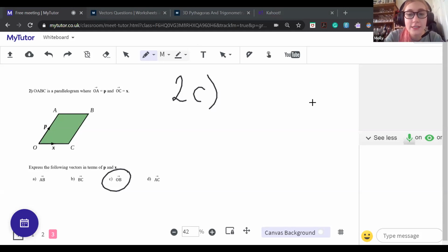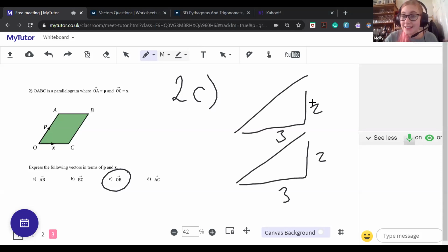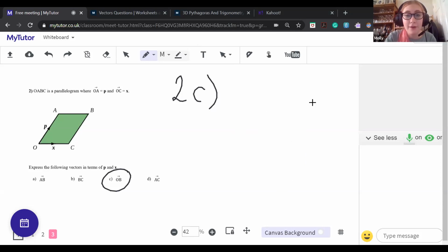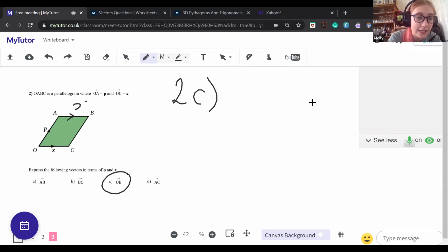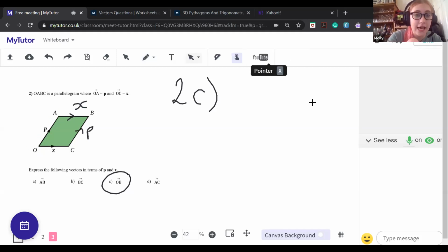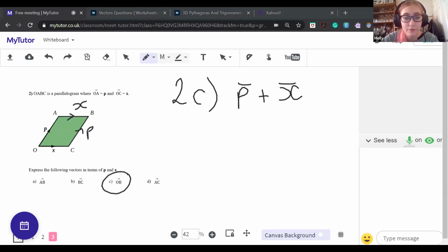For example, this could be like 3 across and 2 up. So is this. That's 3 across and 2 up. So they're exactly the same vector. And because this is a parallelogram, AB is parallel to OC and exactly the same length. That means that this vector is X and this vector is P. So we can actually work it all out. OB is going to be P plus X, which a load of you got, which is really, really good. But it's this key idea of if they're parallel and in the same place, then it's the same.